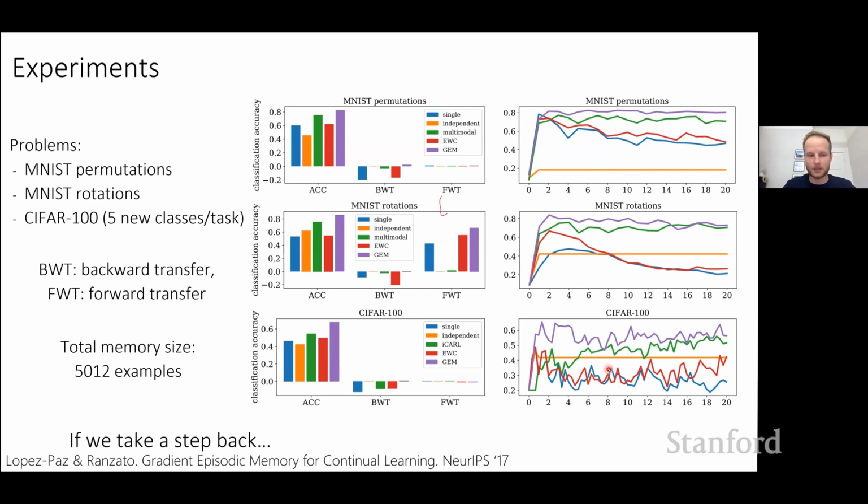So one thing to consider when looking at papers like this is to verify the assumptions and to see whether the setting that the authors were considering is actually well reflected in the experiments. So in this case, if we take a step back, does it make sense to have a little bit of memory per task and so on?